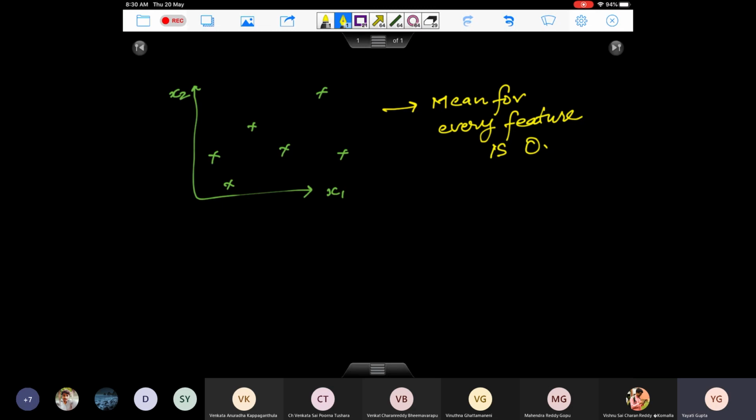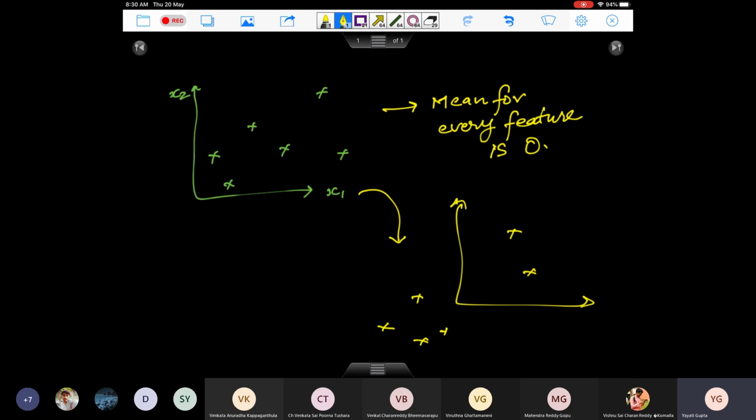So what you're trying to do is ensure that this data is centered at the origin. Let's say this data set now looks like this. Certain points will come here and certain points will come here. This is the very preliminary step that your PCA does.